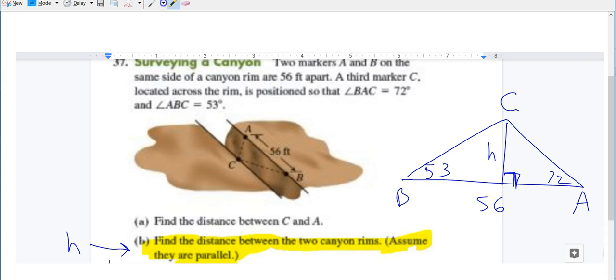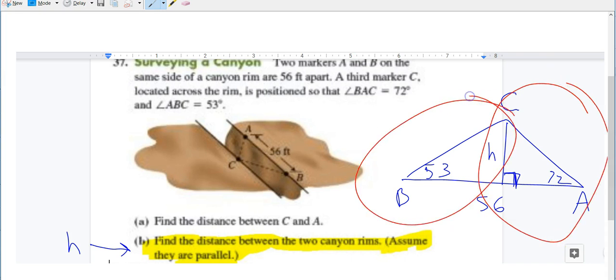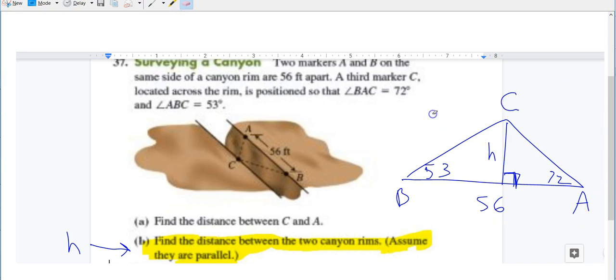Do you have any choices here? Could you use this triangle, or could you use that triangle? I'm going to say we probably have to answer part A first before we can answer part B, because you can't use either one of those triangles unless you have one of those other sides.